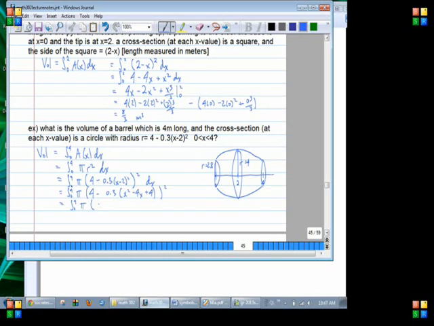So this is now 4 minus 0.3x squared, then plus 1.2x, and then minus 1.2 squared.